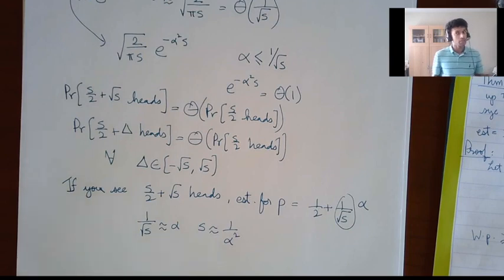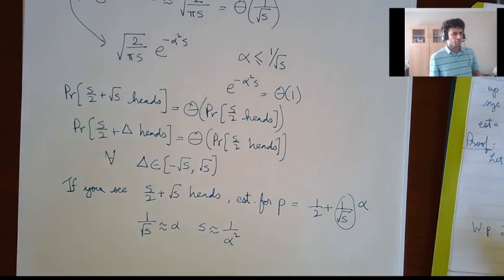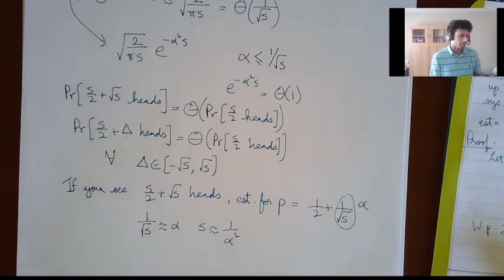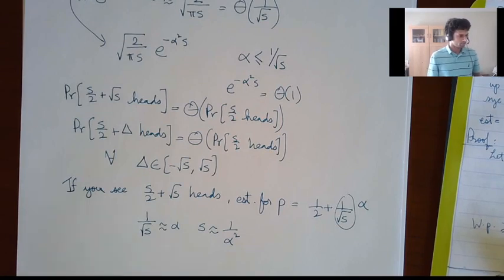And the answer is yes, you actually do get information. Another way of thinking about this is, it is expensive to accurately estimate the half. But it's not that expensive to just get a ballpark estimate that my bias is between 1/3 and 2/3. That I can do pretty quickly.